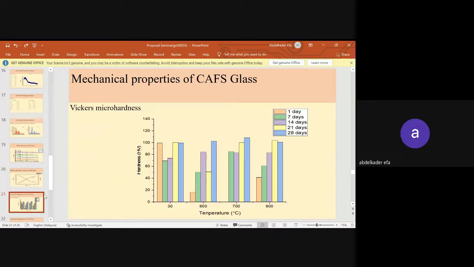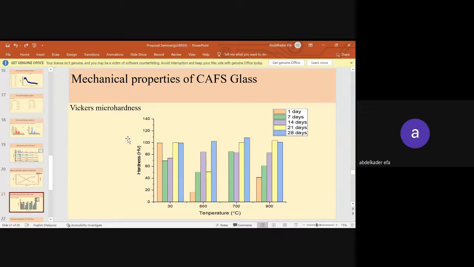For the mechanical properties, the Vickers microhardness represents the hardness of the surface against the indenter with a diamond shape. The GIC surface hardness was tested by the Vickers hardness method with different sintering of calcium fluoro aluminum silicate glass.